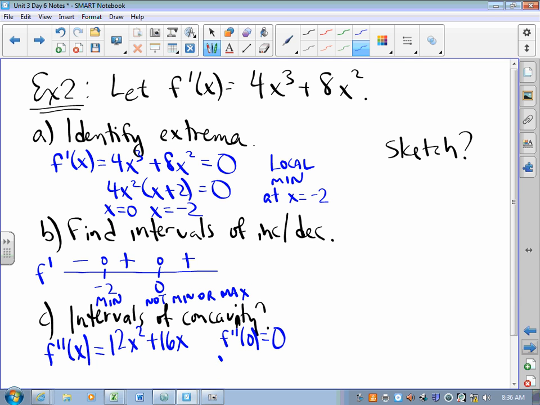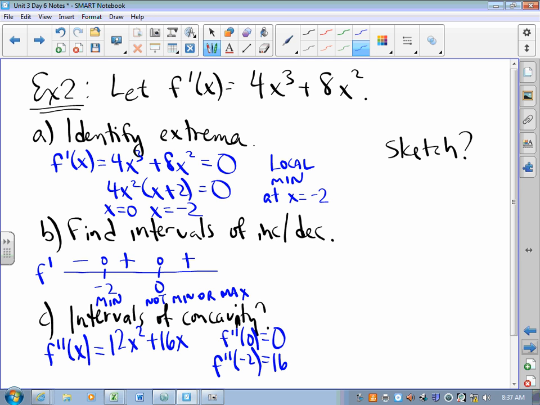F double prime of -2 is 48 minus 32, 16. So we've got a flat tangent and we're concave up, so we've got a min at that point.